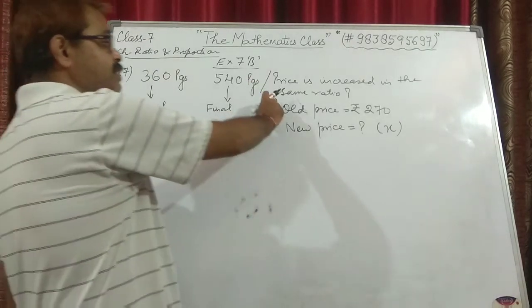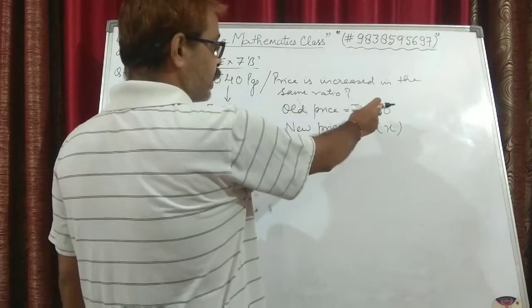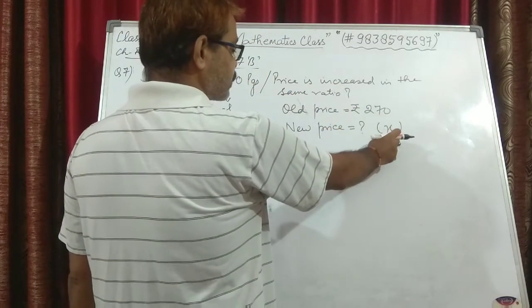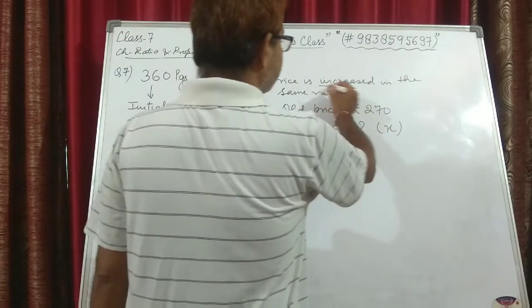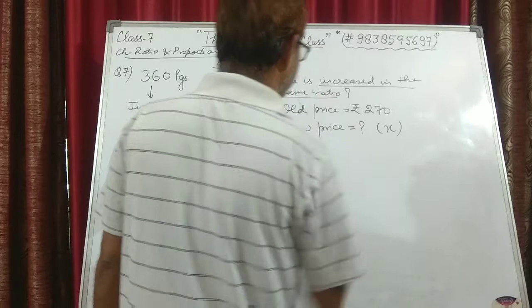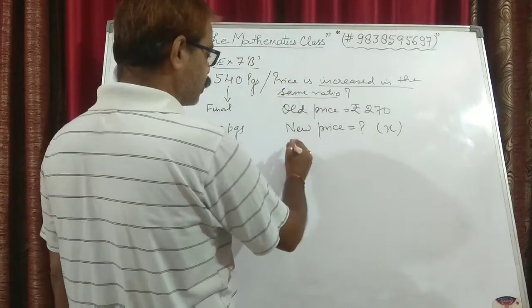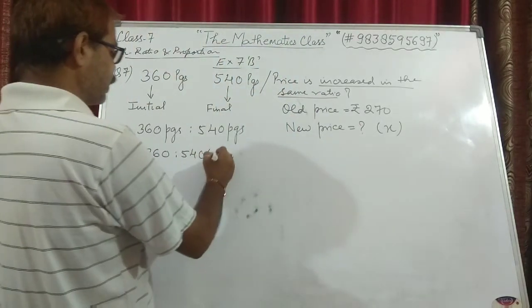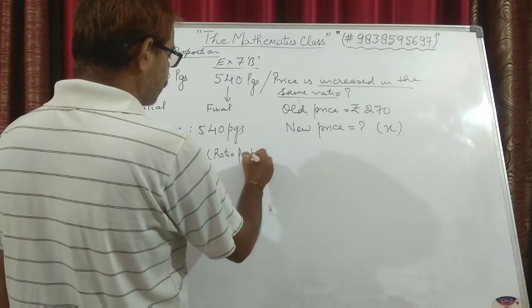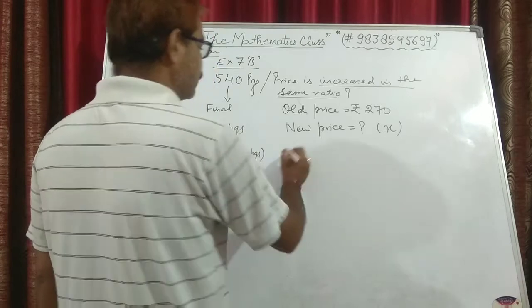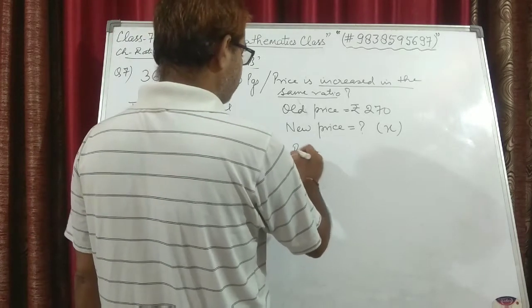Now when the price is being increased, the initial price was 270, the new price is X, which is what we have assumed. They say the price is increased in the same ratio. This is the ratio for pages, and this is the ratio for price.